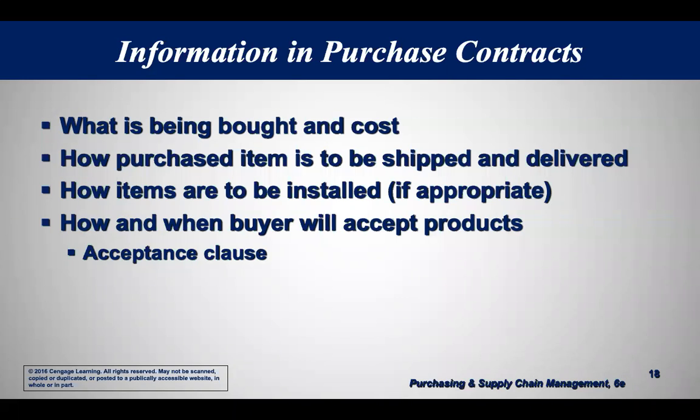If you're hiring a consultant to write a report for you, do you write down what the acceptance criteria will be? How will the buyer, you, accept the product? When? Do you give yourself the right to review it, or do you have to accept it as soon as they give it to you? So the whole acceptance topic can be a real problem if you haven't spent enough time at the front end defining it.